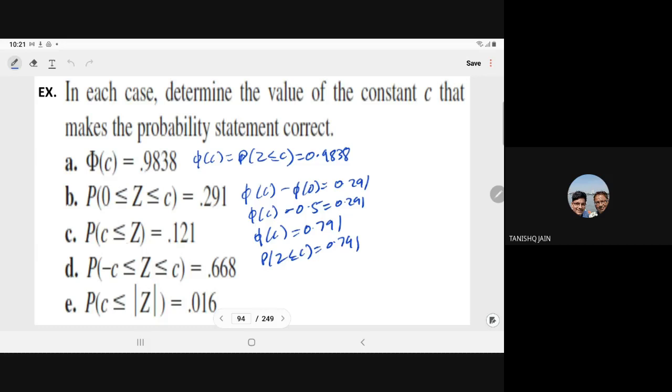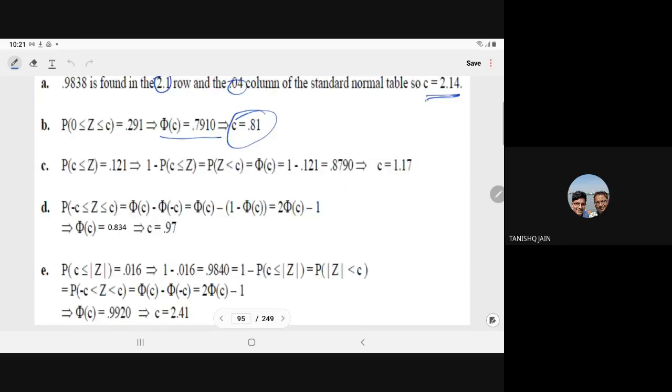Now probability Z greater than or equal to C. What is the meaning? That probability can be written as 1 minus probability Z less than or equal to C, and its value is given to you as 0.121. So phi C is 1 minus 0.121, that is 0.879.